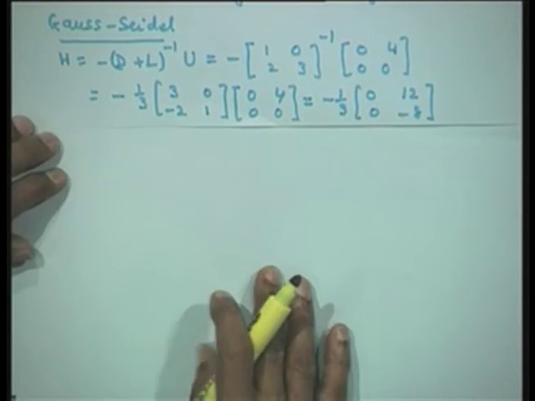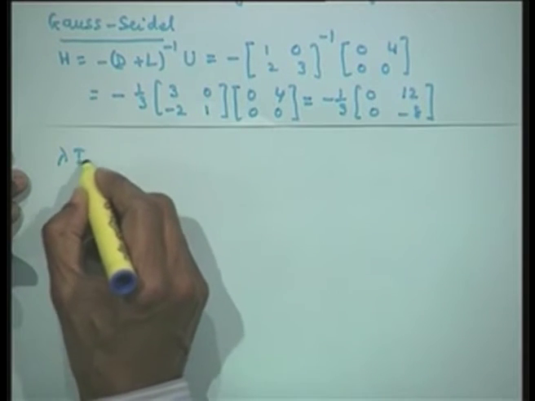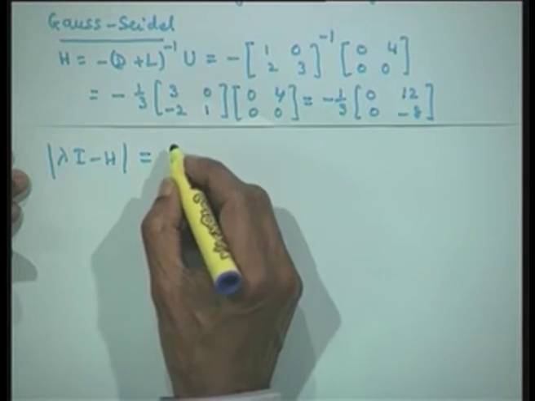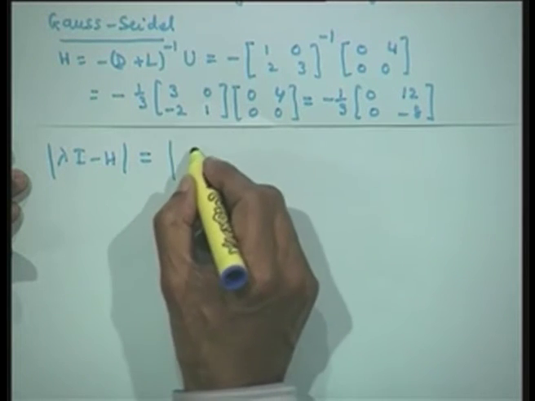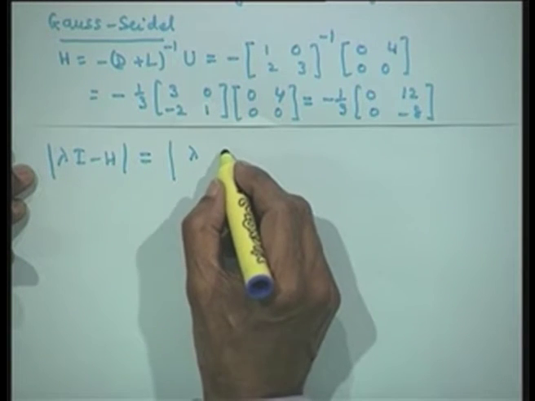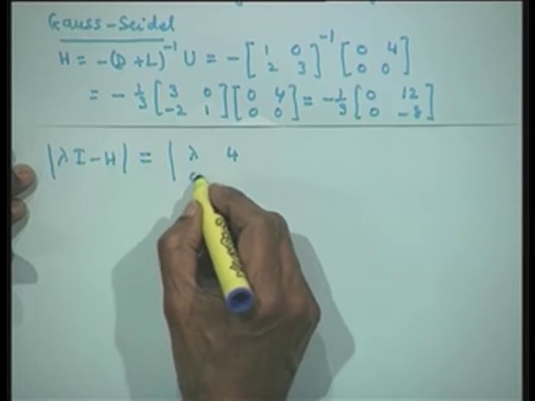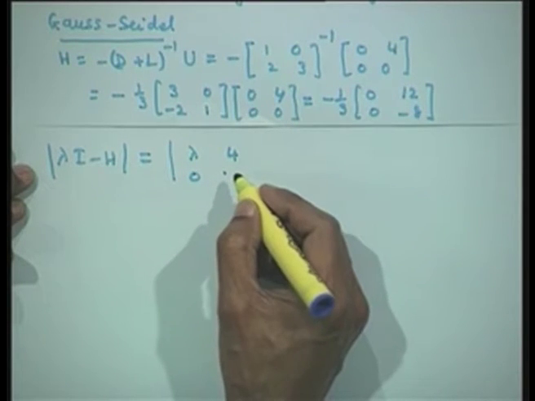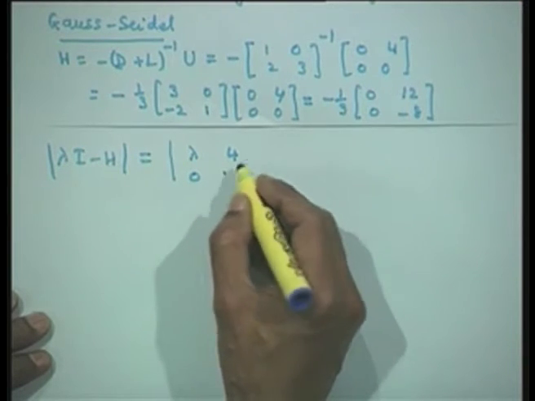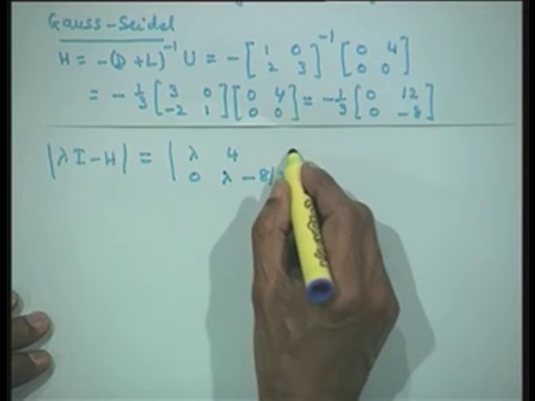Now, let us find the eigenvalues of this. Therefore, I will have here lambda I minus H is equal to lambda, this is equal to 0. Therefore, this gives you 4 12 by 3, this is equal to 0, and this is equal to lambda minus 8 by 3.